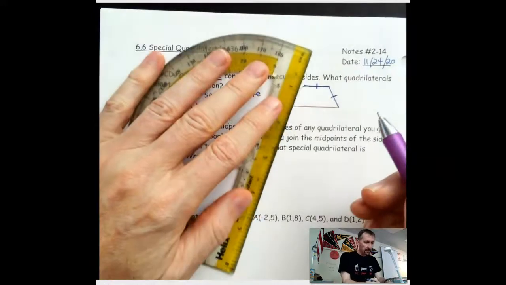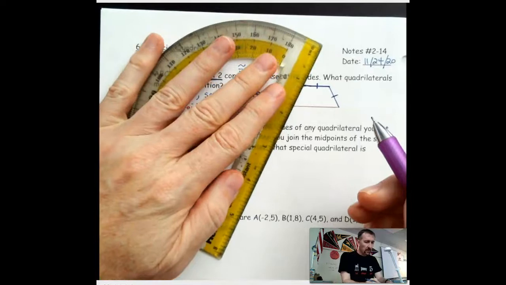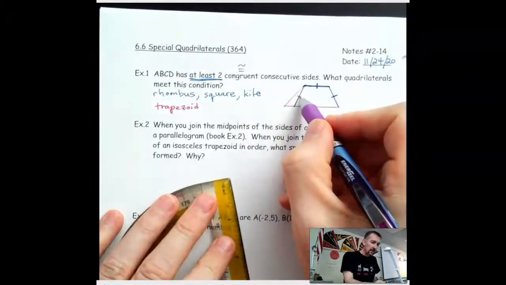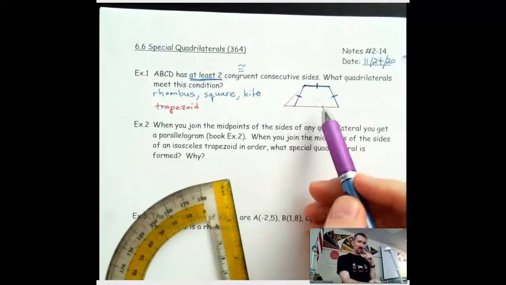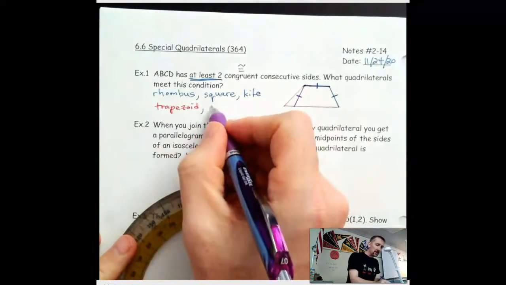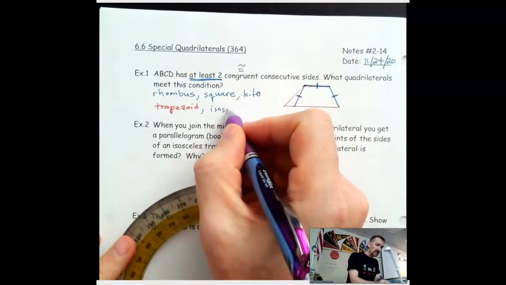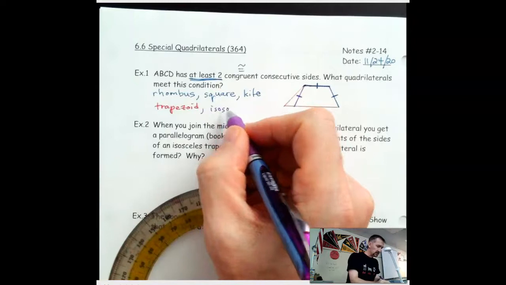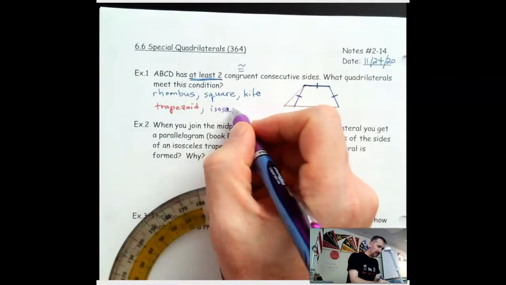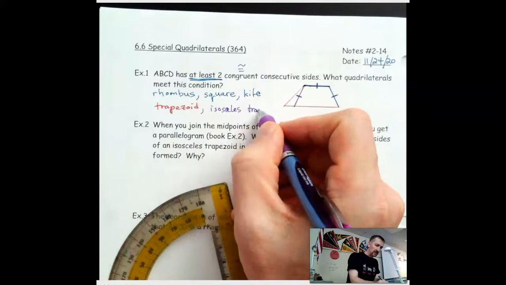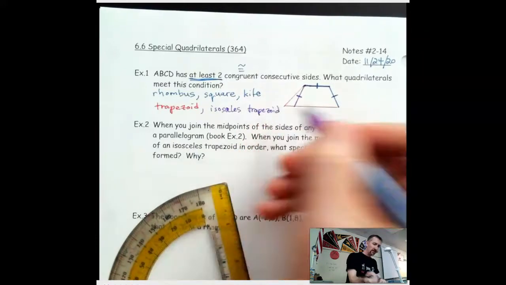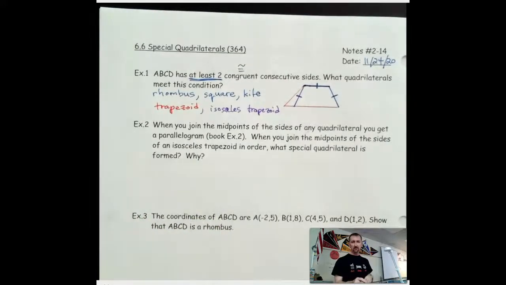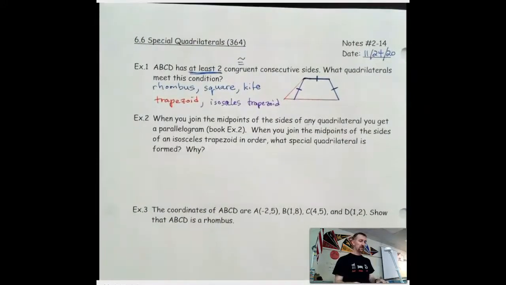What if we got this down here like that? That would be an isosceles trapezoid. All right. So looks like that might be about it. So there's 5 different things that it could be.